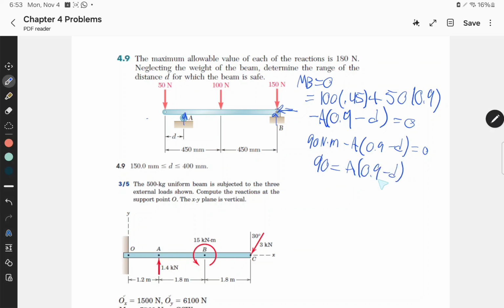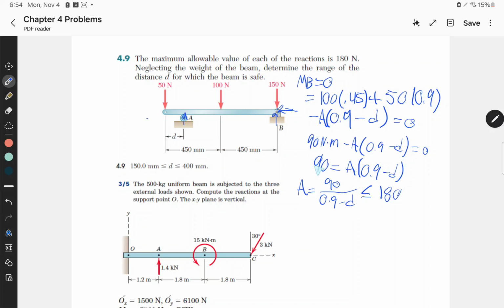And we divide to get that side, and that's going to give us A equals 90 over (0.9 minus D). And then we know A can't be more than 180. So we're going to set this less than or equal to 180.